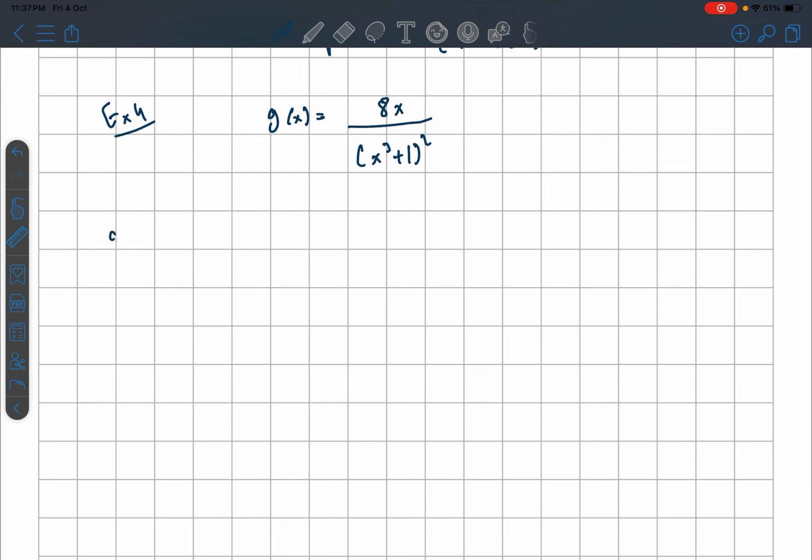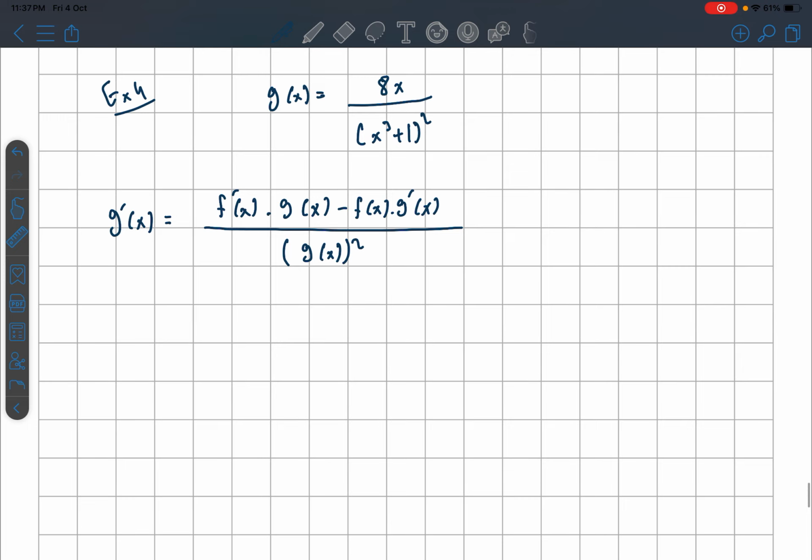So g prime of x will be f prime of g(x) minus f(x) times g prime of x, over g(x) squared. It will be 8 times (x cubed plus 1) squared minus 8x.